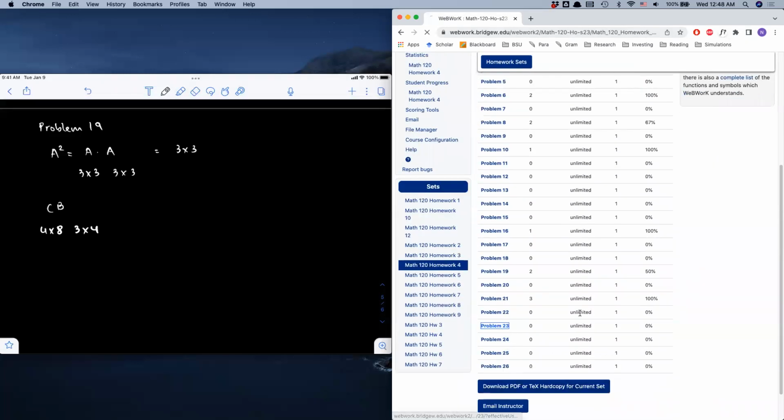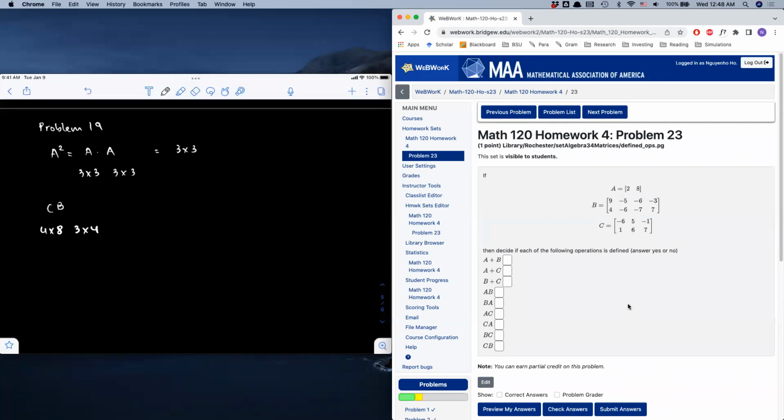Number 23. So similar here, if you have 3 matrices, then decide if each of the following operations is defined. If yes, you say yes. If no, you just type no. Right. So A plus B is a no. B plus A plus C is also a no. B plus C is a no. That's right.